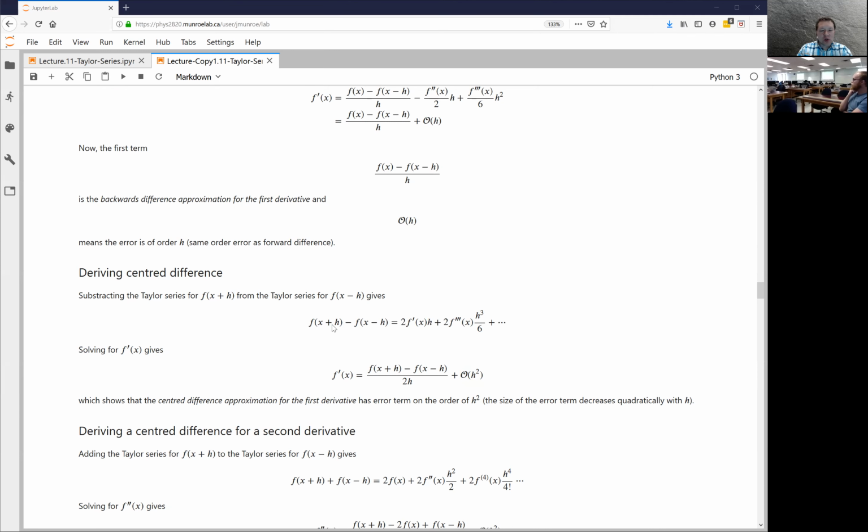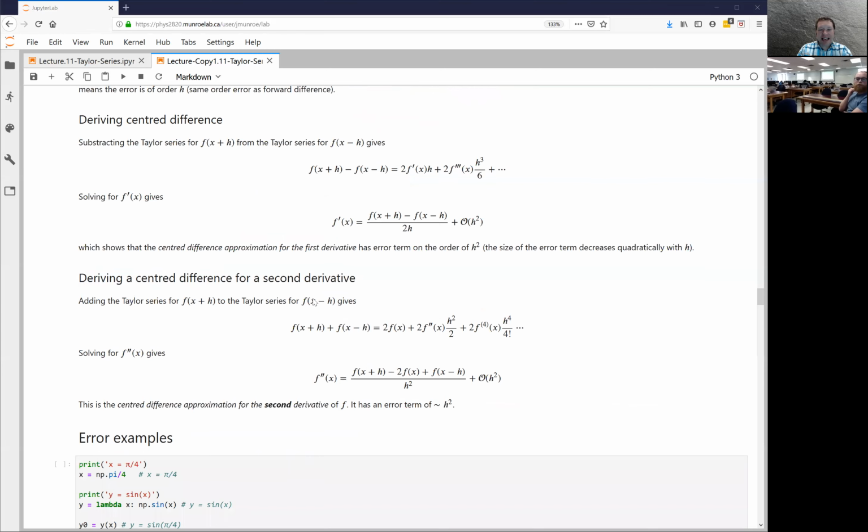We can take these two expressions, these two different definitions for the Taylor series, and not subtract them, but add them together. Imagine adding those two Taylor series together. And this is something that's good to sit back after the lecture and go through again. If I add those two series together, the f of x's add together, the f prime of x's cancel out, the f double primes add together, and this becomes the series.